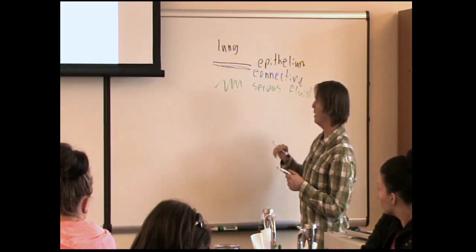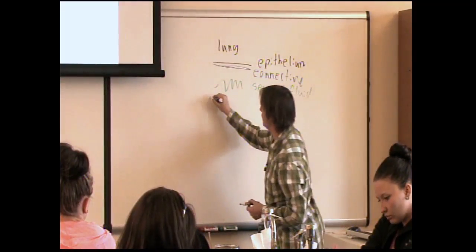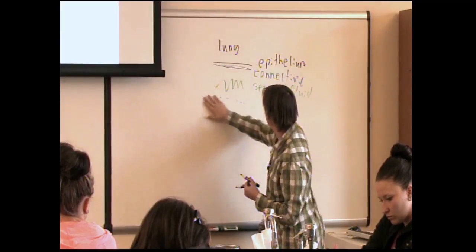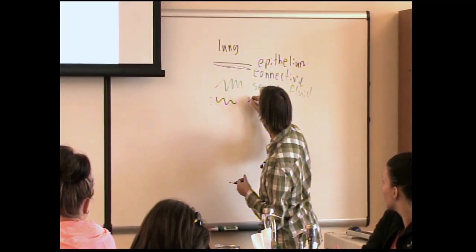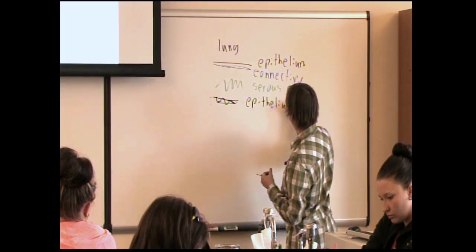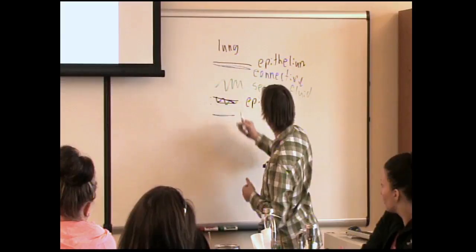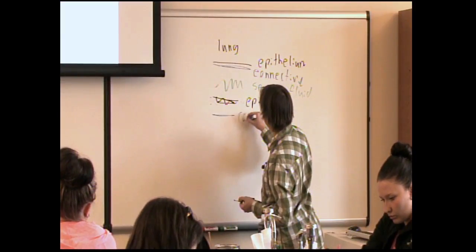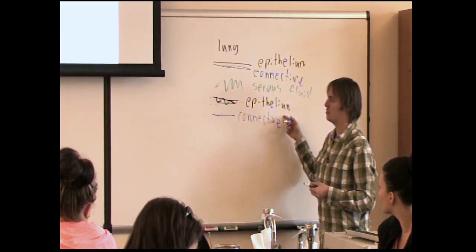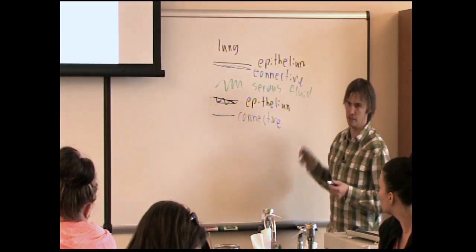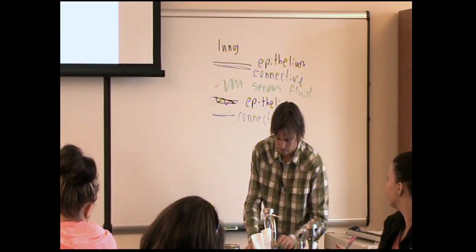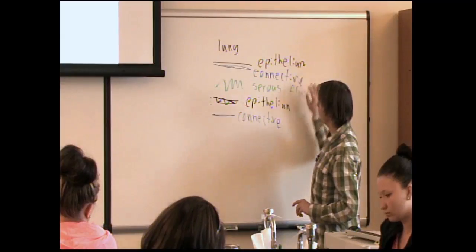Since it's got this fluid here, you're actually going to have the epithelium next, and then another connective layer. So that's one serous membrane, two serous membranes, and each one's got the epithelium and connective.